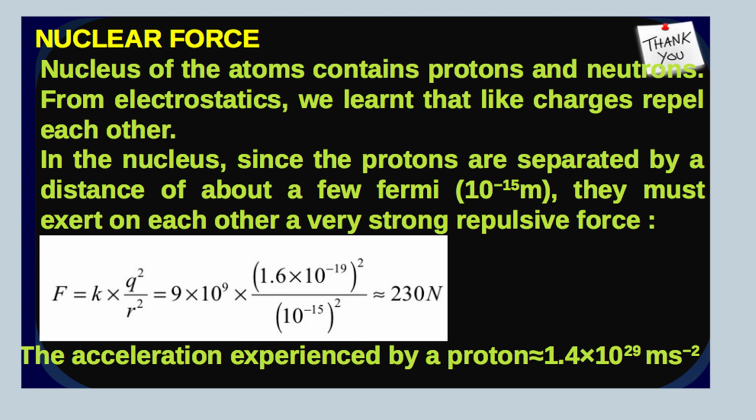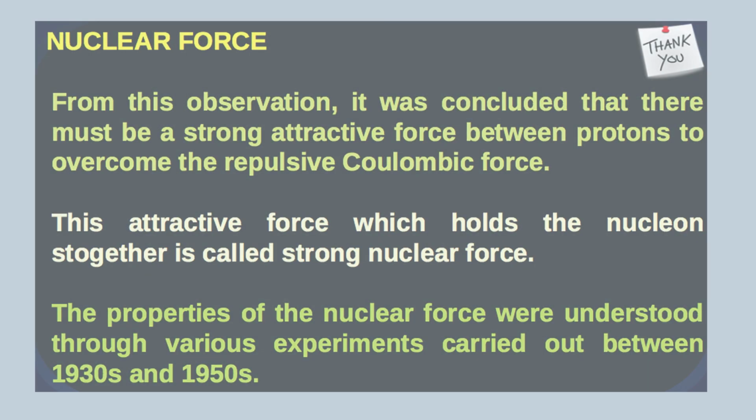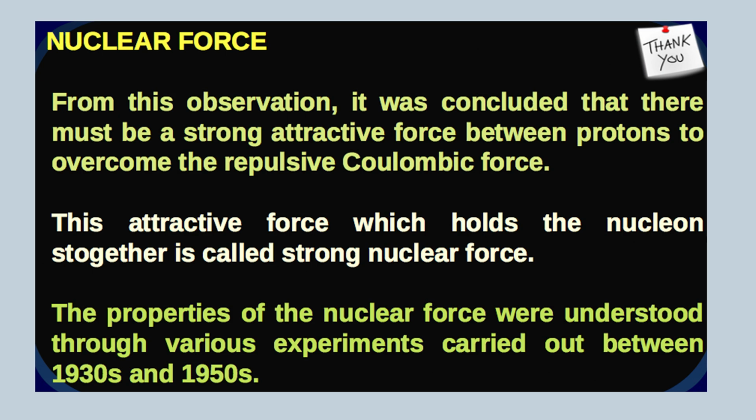The nuclear force binds all these protons and neutrons, overcoming the repulsive Coulomb force among the protons. This attractive force which holds the nucleus together is called the strong nuclear force.